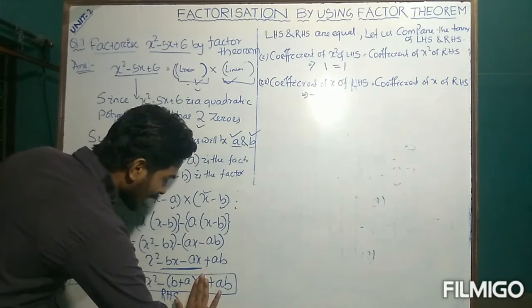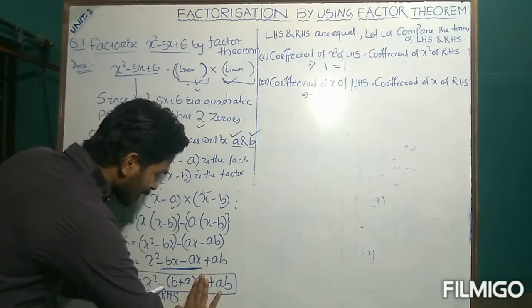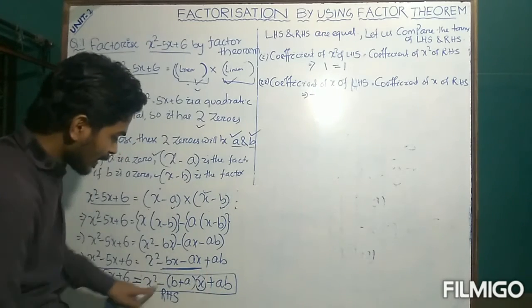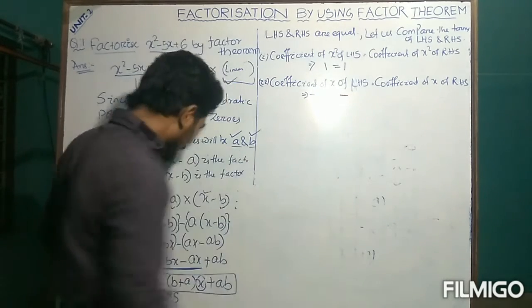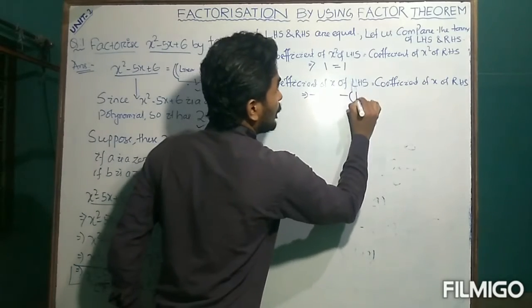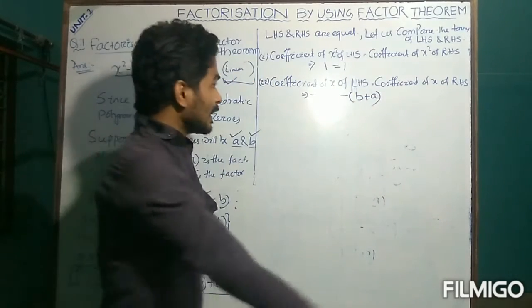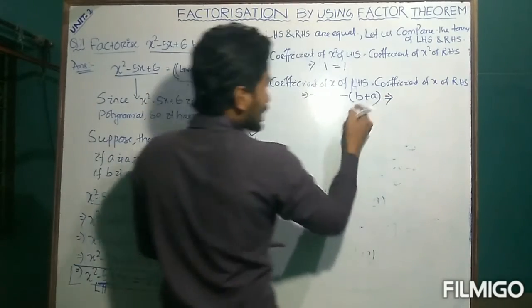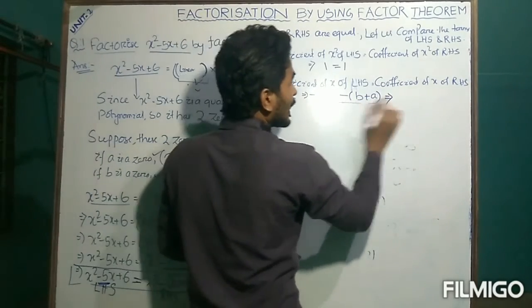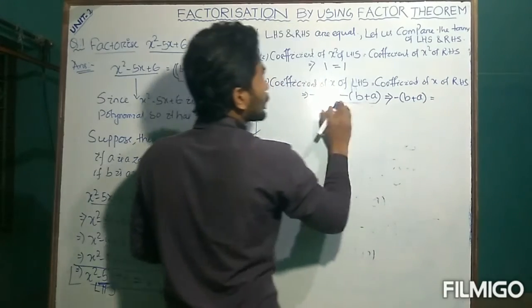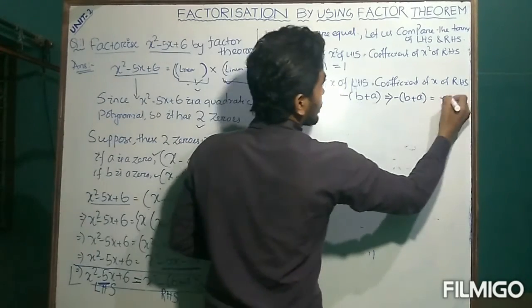Just put your hand on x, and the remaining part is the coefficient. So what is the coefficient of x? You can write minus (b plus a). Then we can write minus (b plus a) is equal to minus 5.